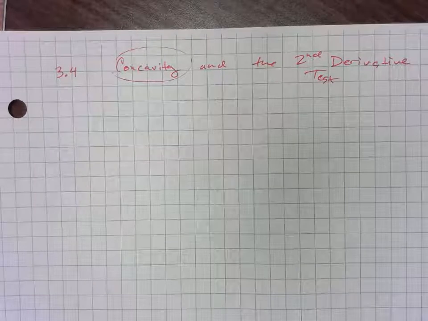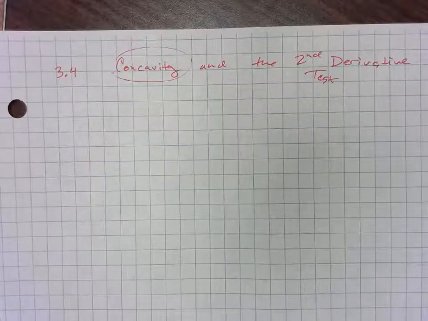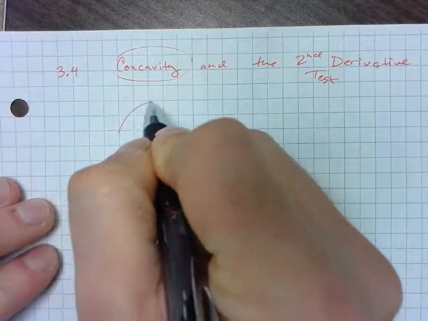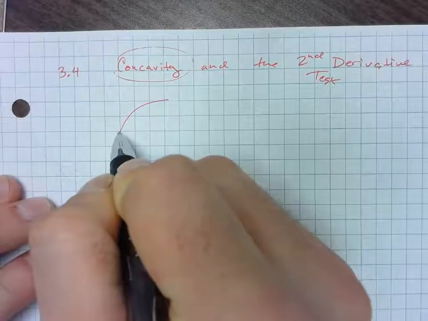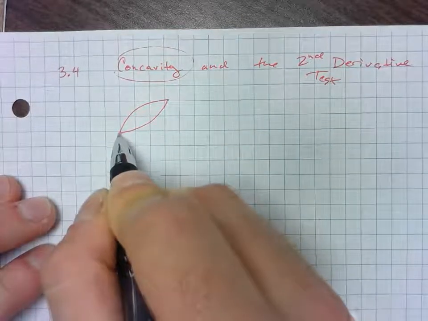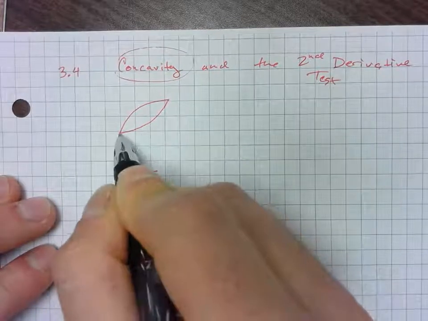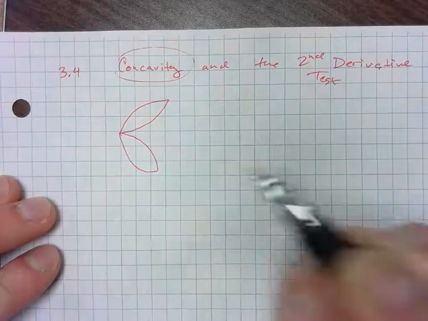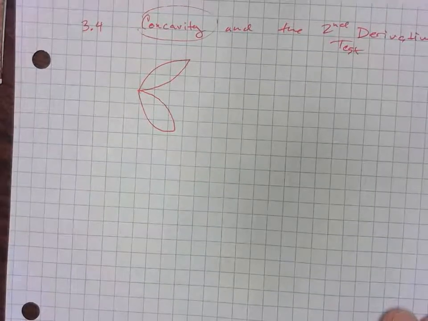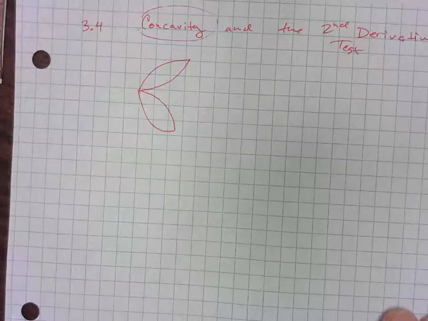I want you to draw a part of a flower. So there we have part of a flower. It's like, I don't know, science class, and you cut it in half and you only take half of it home.